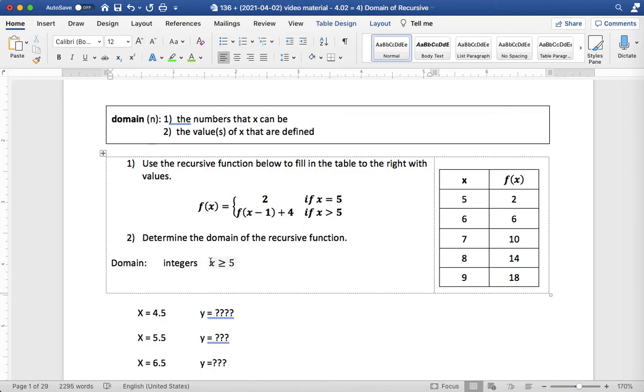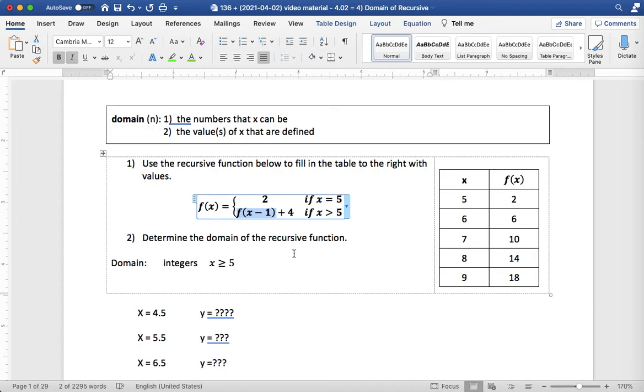So 5, 6, 7, 8, 9, 10, 11. Those are the x's that are defined by this recursive function. Anything in between these x's is not defined, because you need to know the value one before it in order to be able to find it.